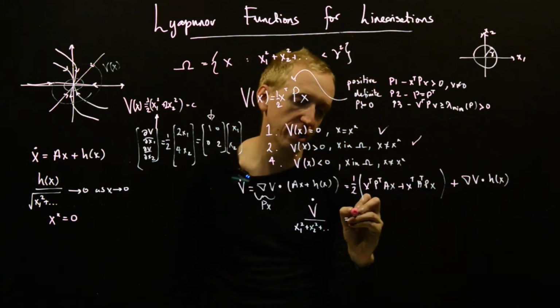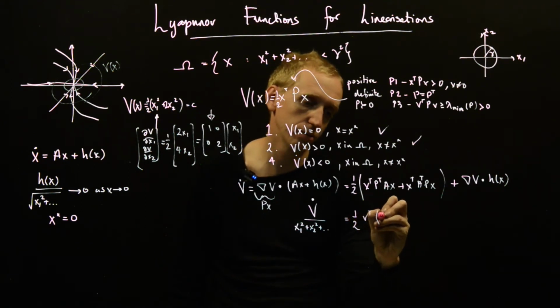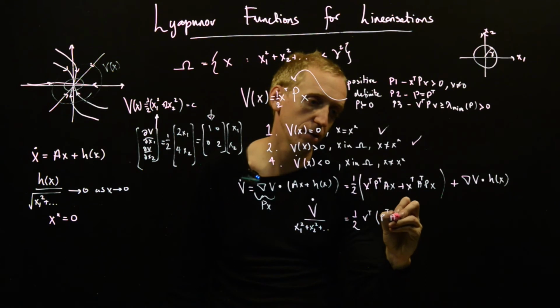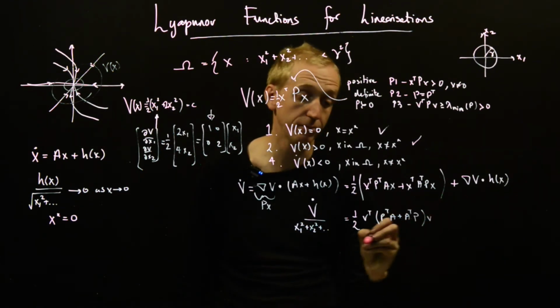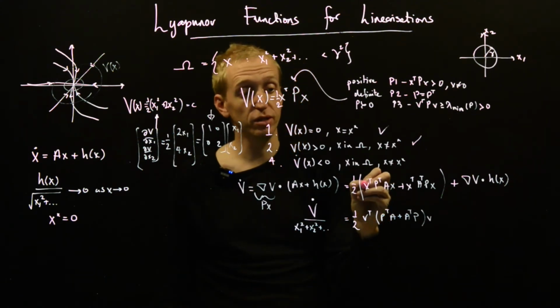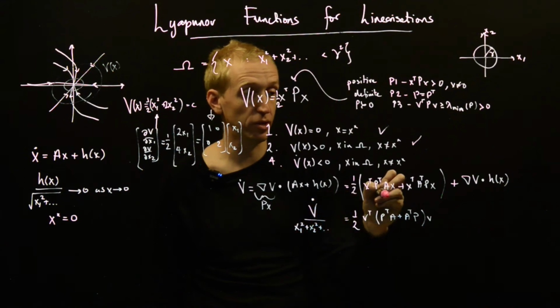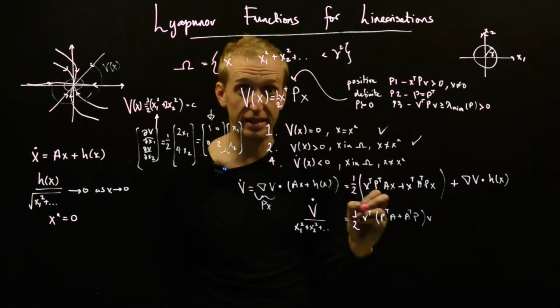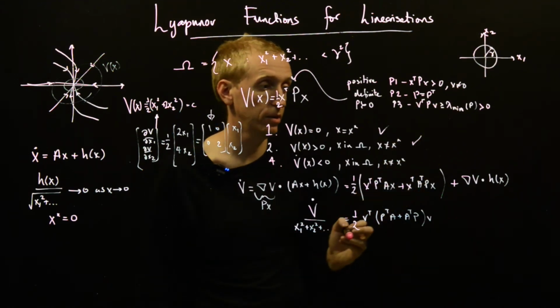So if we do that, I've now got a half, and I'm going to write v transpose (P transpose A plus A transpose P) v. So what is v? Well, v is just the unit vector. So I've normalized x by its length. I had a squared here, so I can normalize them both. So v here is just a unit vector, and we're setting things up to use this property here.